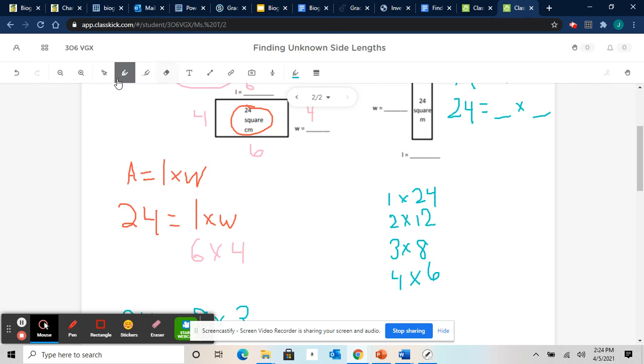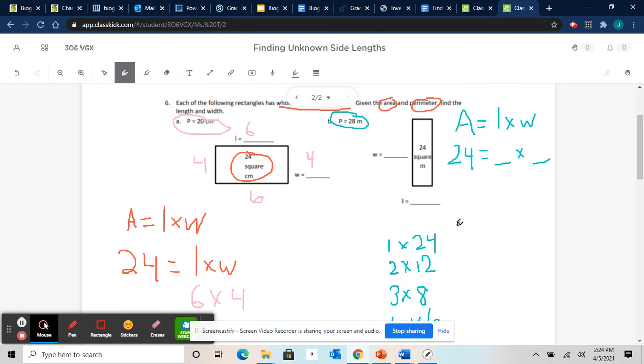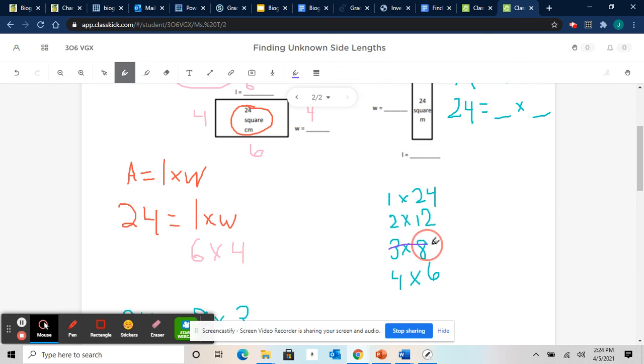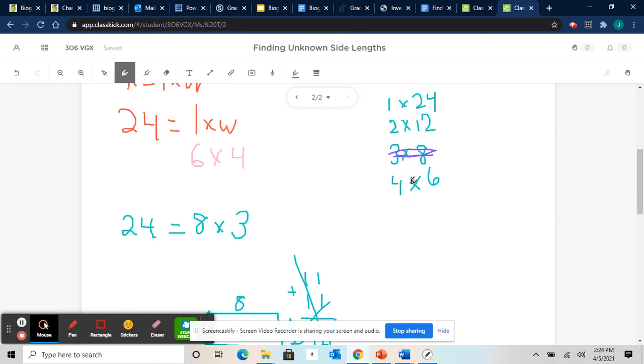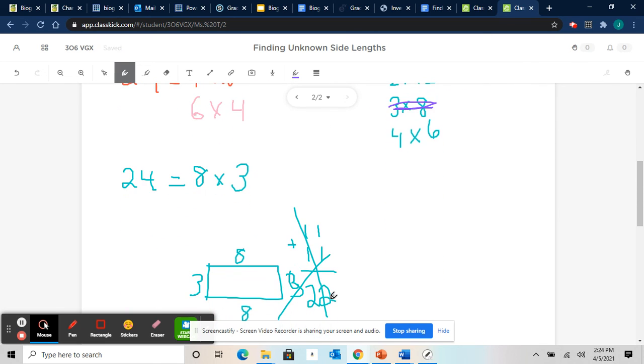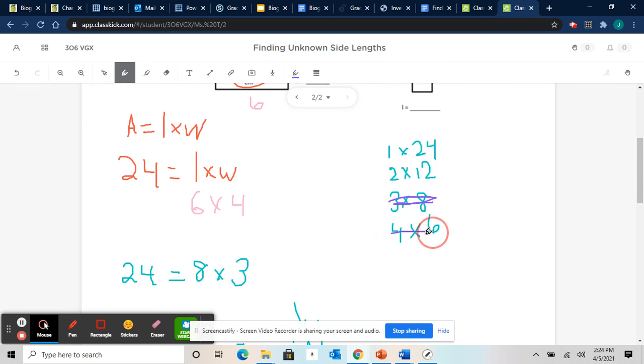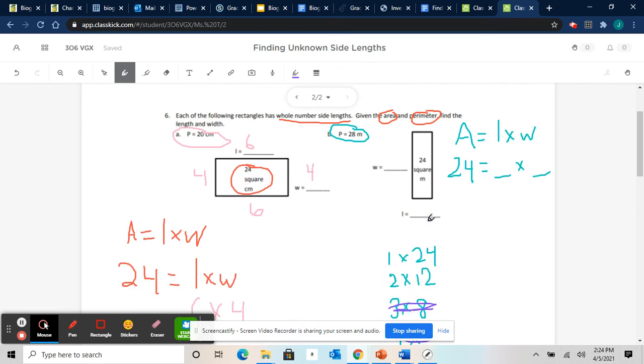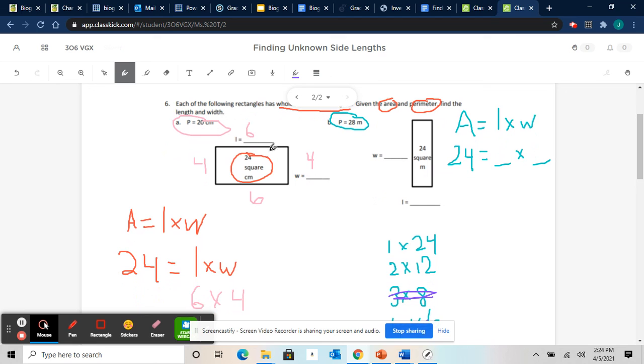I'm going to eliminate the ones that we just used. We know that 3 and 8 isn't going to work because when we did that, we got a perimeter of 22. I know that 4 and 6 is not going to work because when we put all those sides in, we got a perimeter of 20. Now I have just two choices left, right? I have to either use 1 times 24 or 2 times 12.